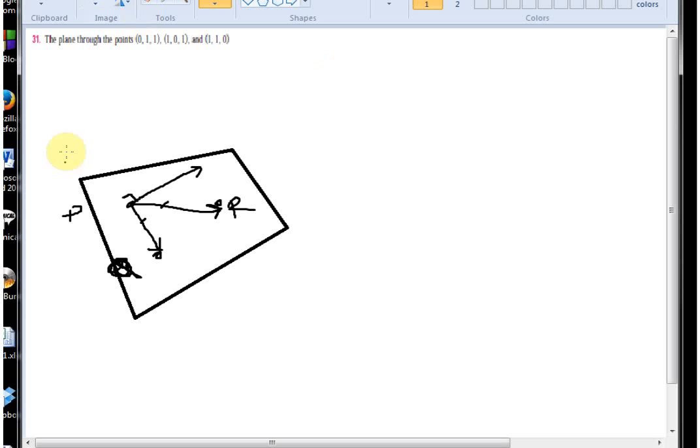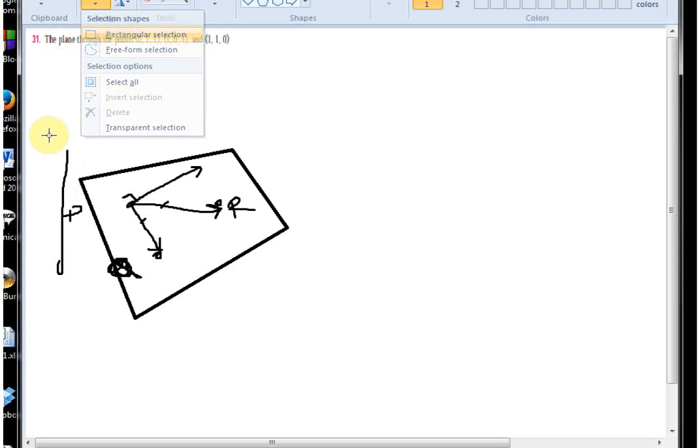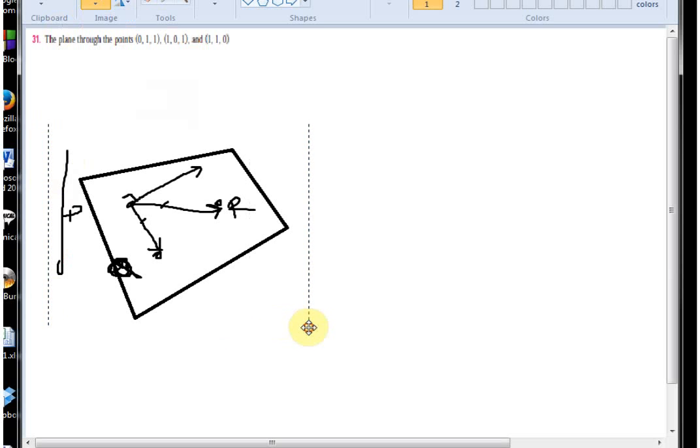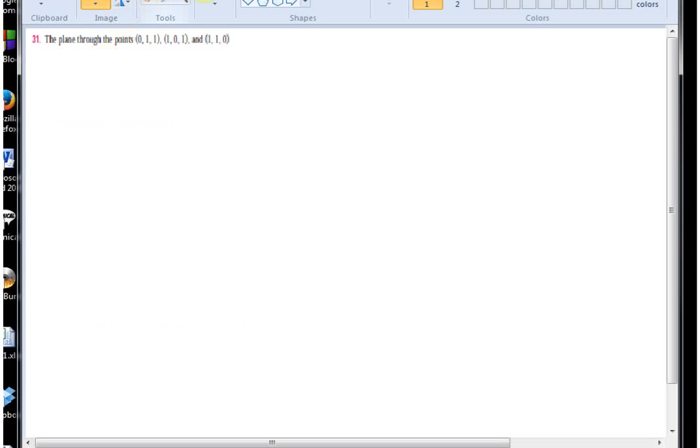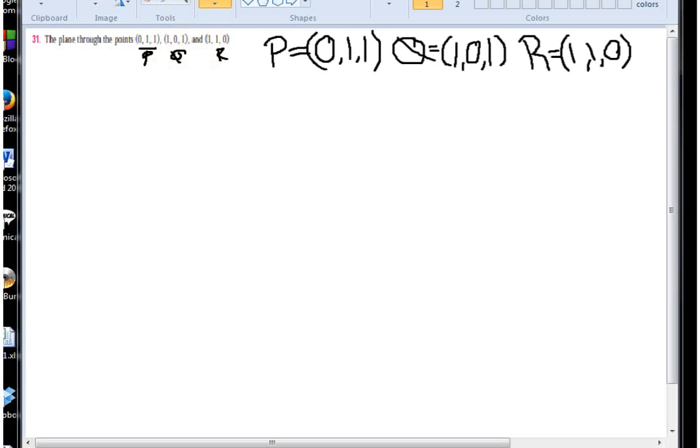So in our problem we have 3 points. We can call them P, Q, and R. This can be P, this can be Q, this can be R. And we want to make these into 2 vectors like we had in the picture.